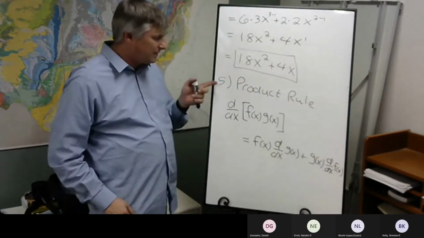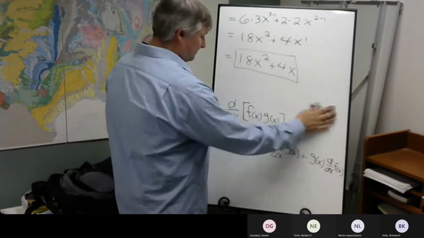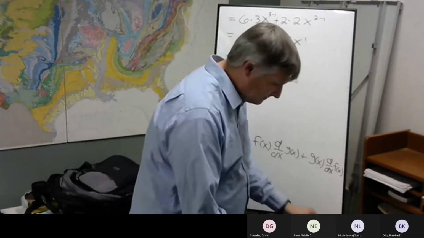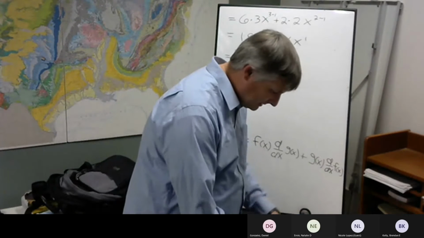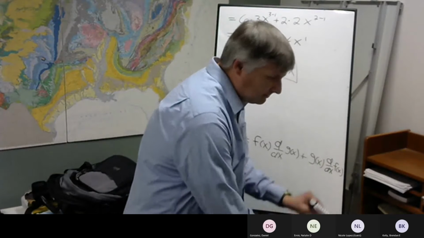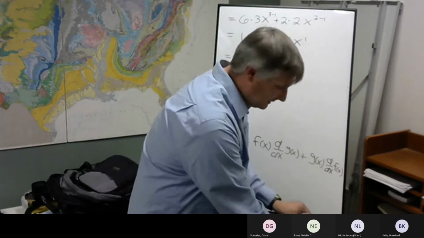Before we get into an example of the product rule, I'm going to show you one more rule. It's for exponentials. And what this basically says, and this is kind of a nice turn of events, is the derivative of e to the x is e to the x.